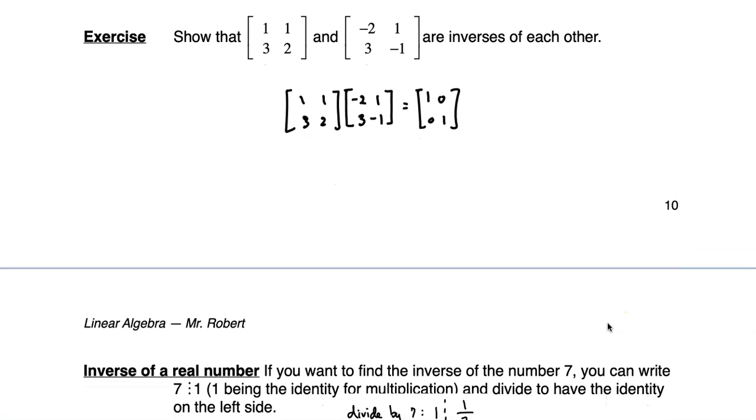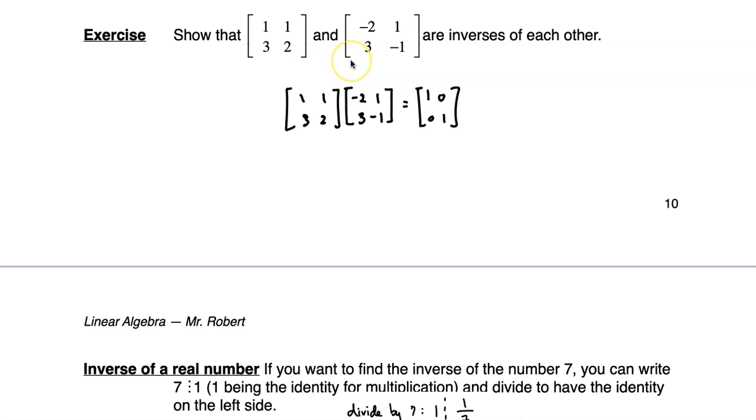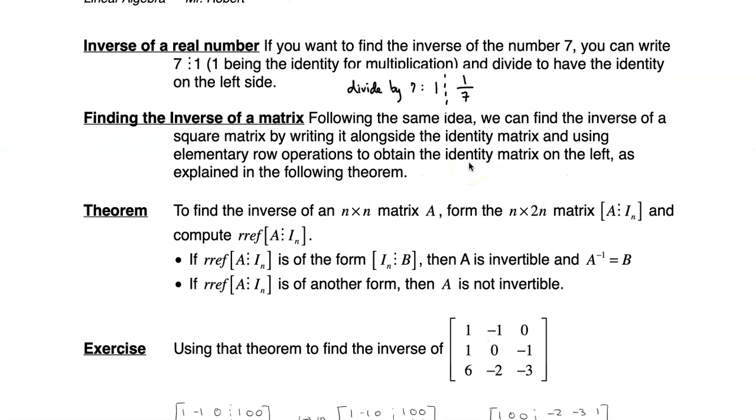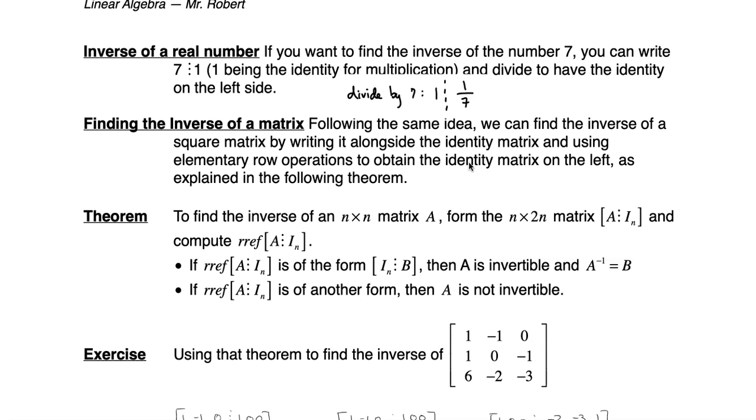So if we need to check that these two matrices are inverses of each other, we just multiply them and see, oh yes, I get 1, 0, 0, 1. But how do we find the inverse of a matrix? Well, there's a strategy that we can use that works for any order of matrices, provided they are square matrices, and it kind of looks like how we would find the inverse of a number.